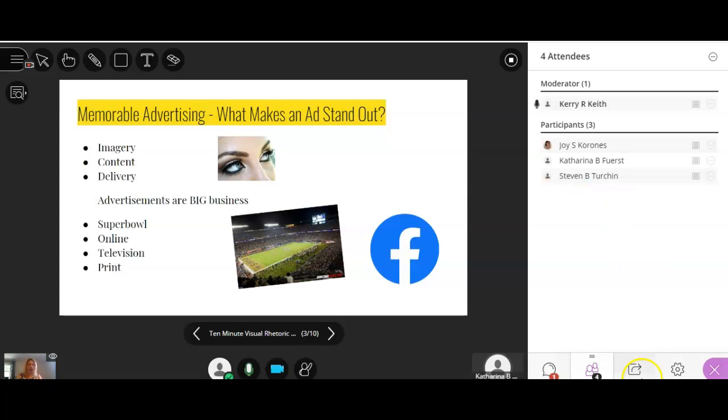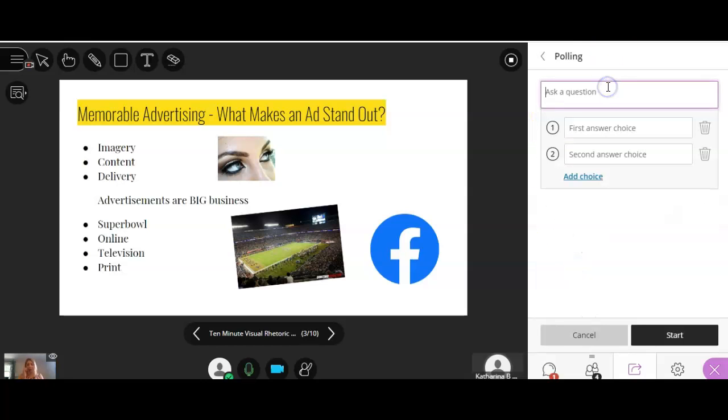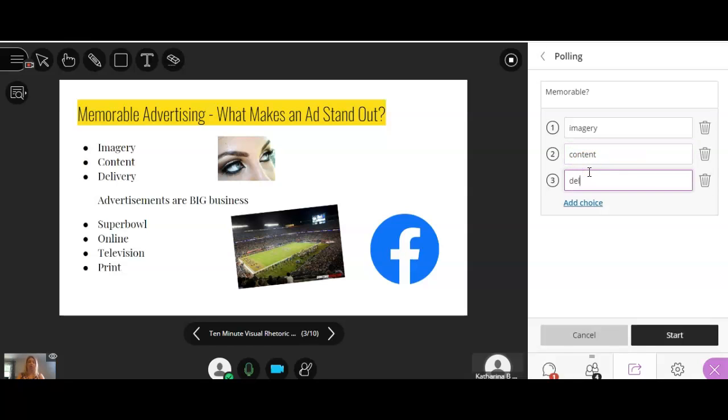All right, so let's look at these three things that I've picked up on here. The things I wanted to look at are imagery, content, and delivery. What do you think of these things? I'm going to put up a poll: which one is the most important?